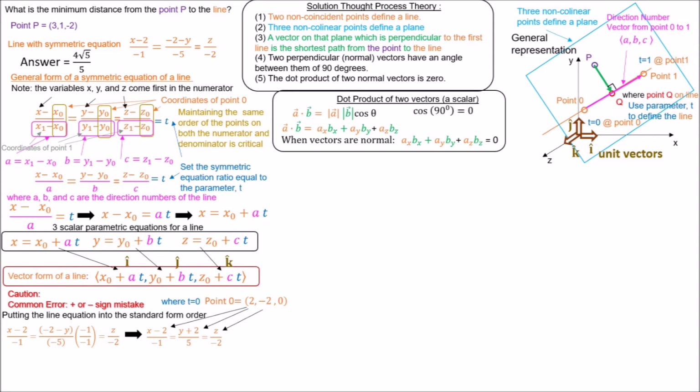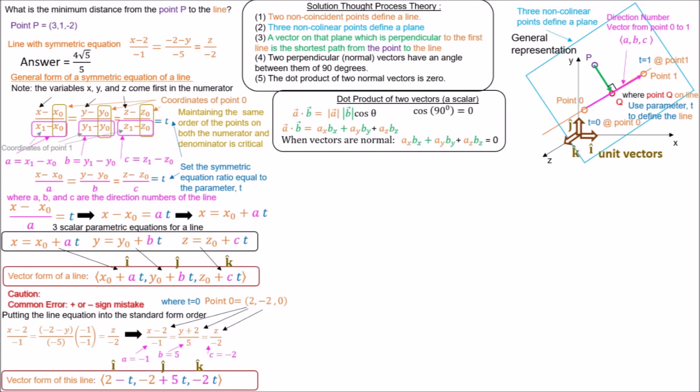So now that we know the coordinates of point 0, the x0, y0, z0 terms, and we know the direction numbers, we can substitute those coordinate values and the direction numbers into the vector form of the line. x0 is 2, and the direction number a is minus 1, so it would be 2 minus t.